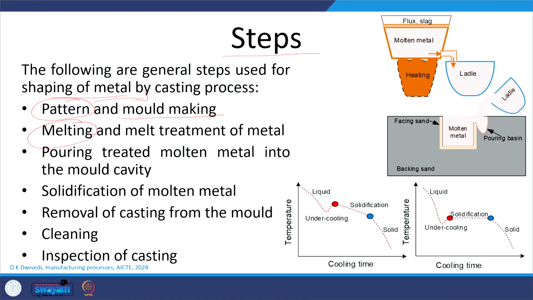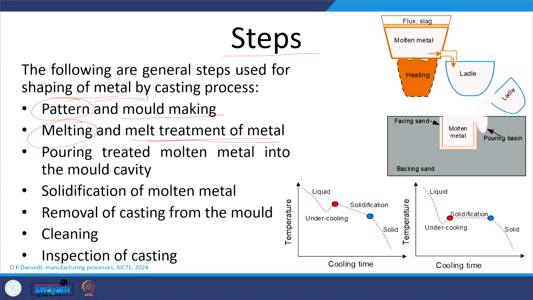This melting is done using a suitable heat source as per the metal to be melted, and then the molten metal is subjected to treatment, so that we get quality molten metal, and that is done through degassing, fluxing, alloying, grain refiners, filtering, cleaning, etc. So, there are various steps which are done for melt treatment.